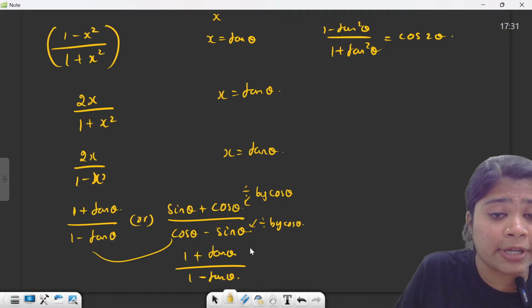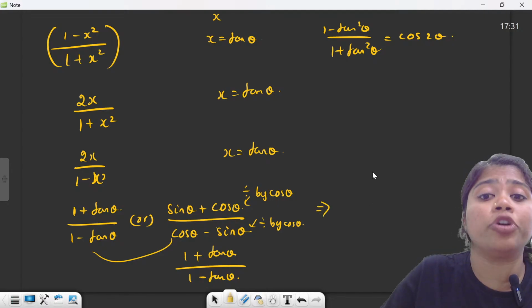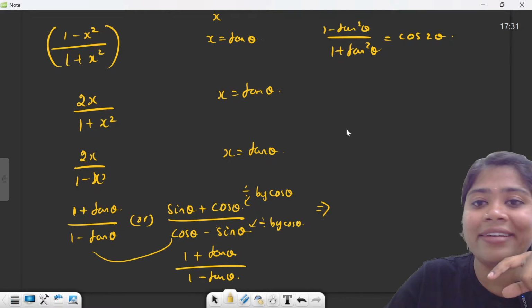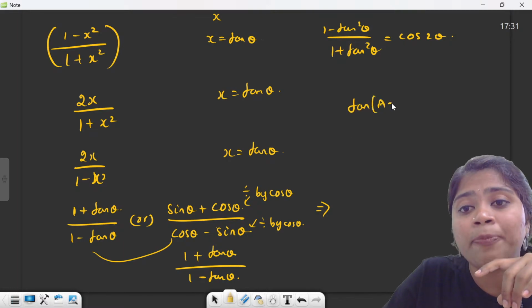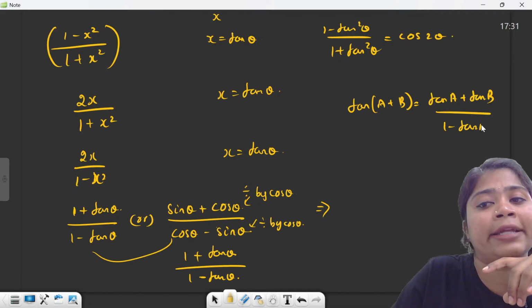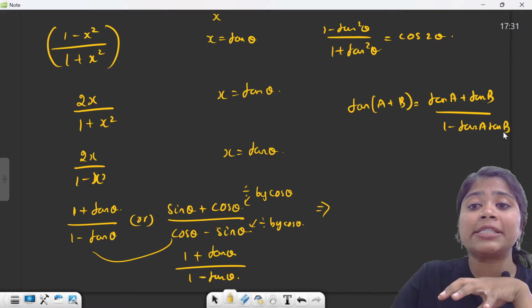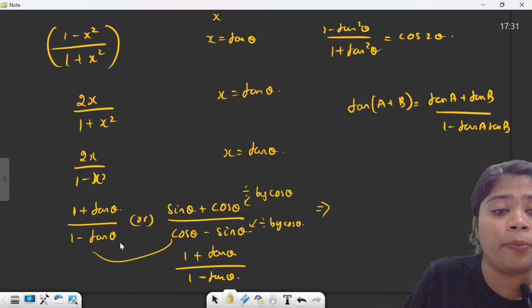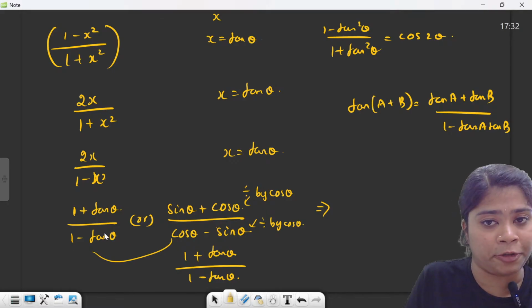If you have this kind of expression, what do you want to do? You have to think of it as the tan A plus tan B formula: tan A plus tan B divided by 1 minus tan A tan B. You should get this formula in your mind when you see this kind of expression.